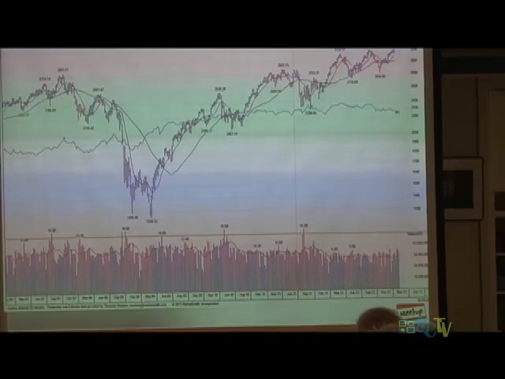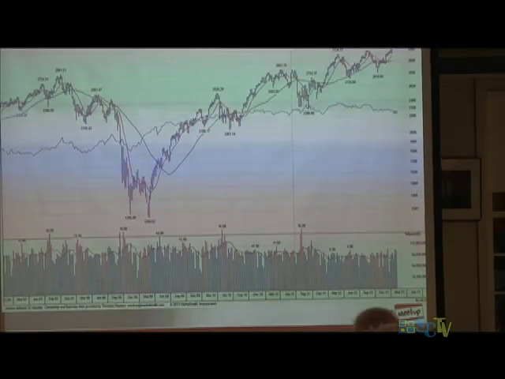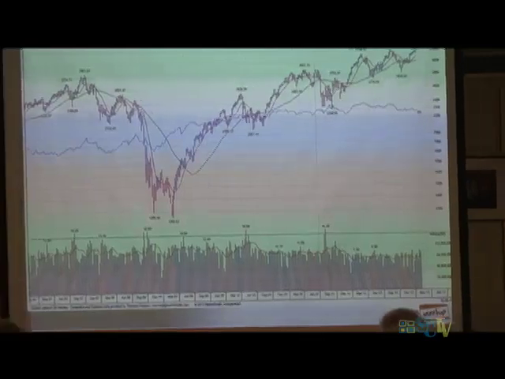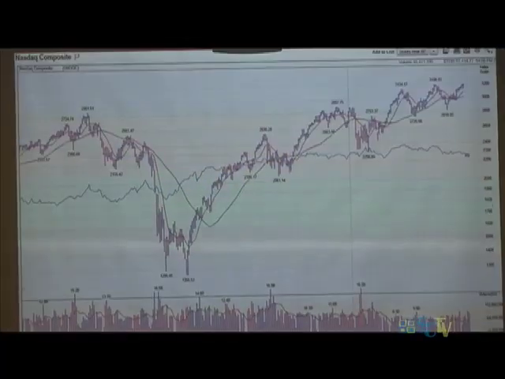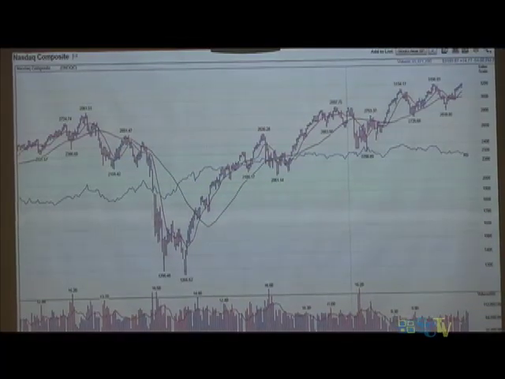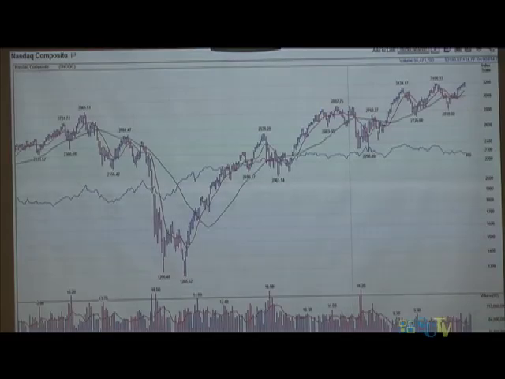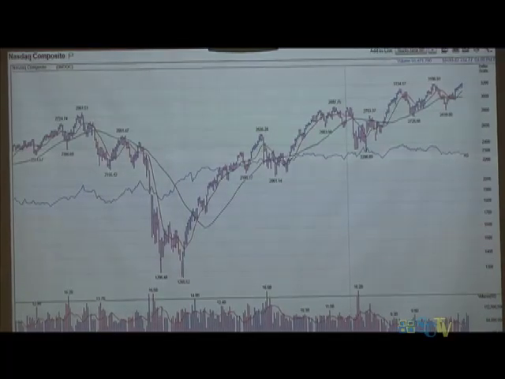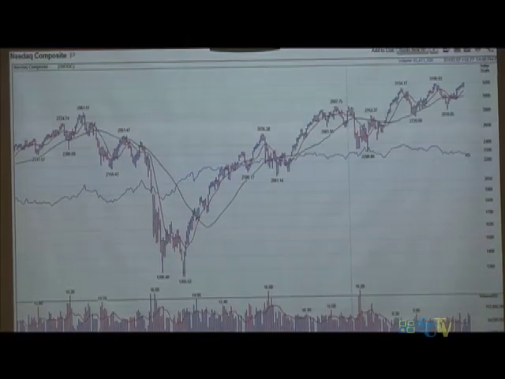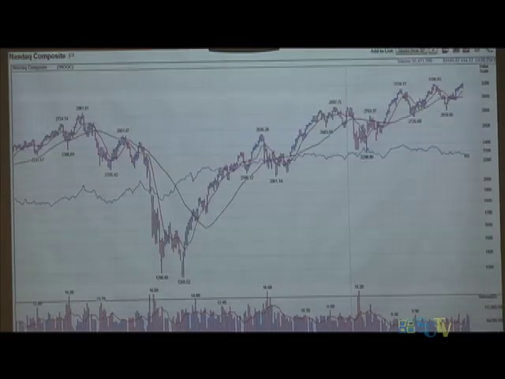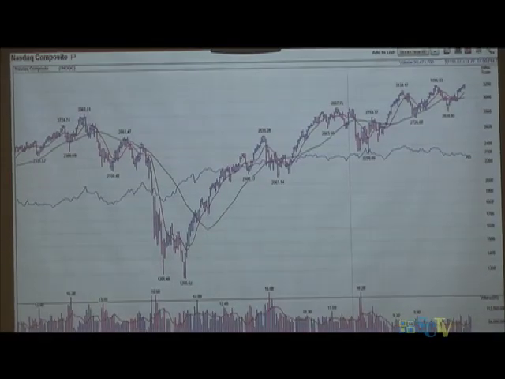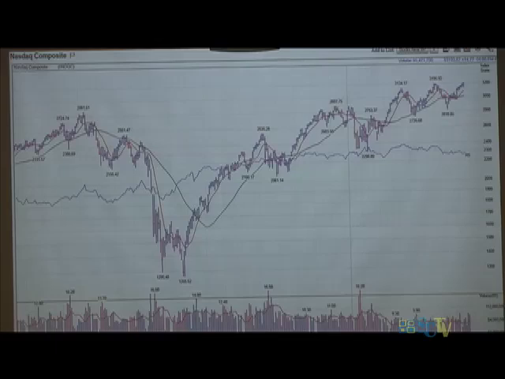What you're looking at is the NASDAQ, and this is from 2006 to now. Well, June of 2013. This is the NASDAQ. It's a weekly chart. As you can see, it's been pretty bumpy, right? There's been a lot of volatility on the market, right?